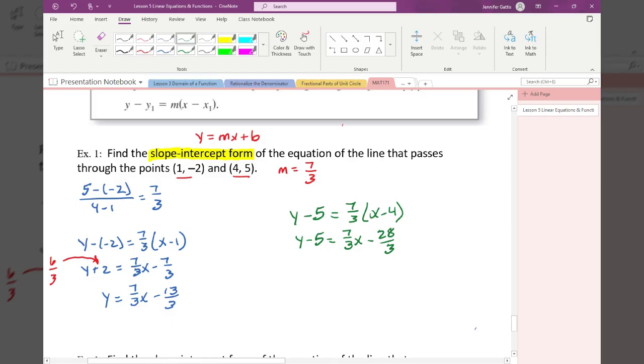And again, we kind of need to note that this 5 right here is the same as 15 over 3. So I'm going to be adding 15 over 3 to both sides. And that gives me y is equal to 7/3 x minus 13 over 3. And you can see there that we have the same equation regardless of which point we chose.